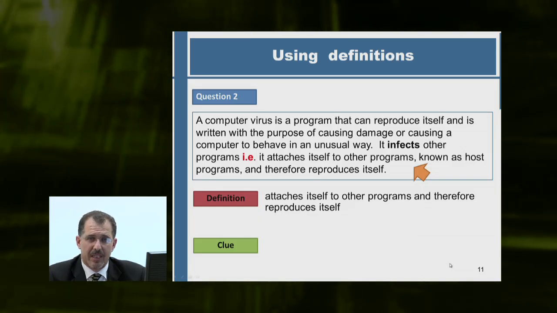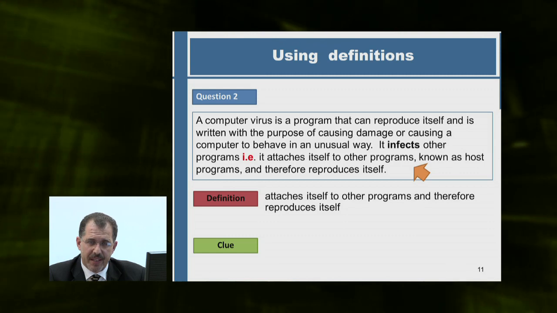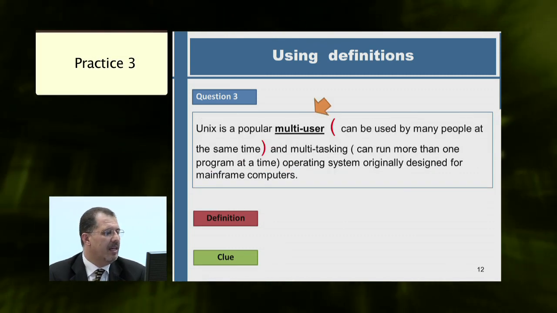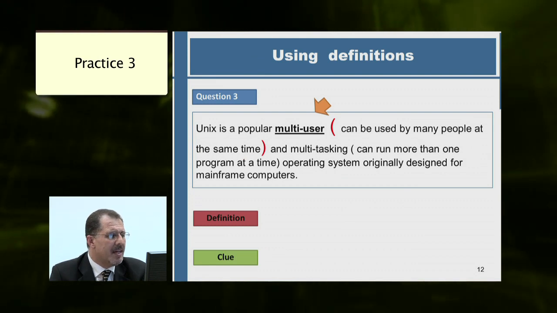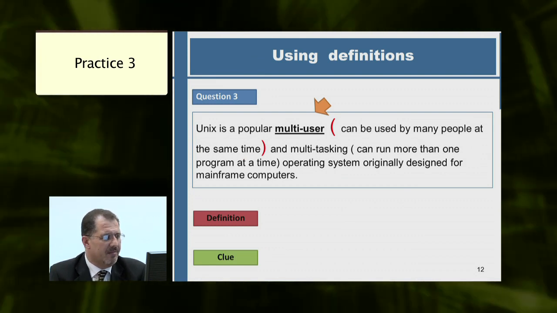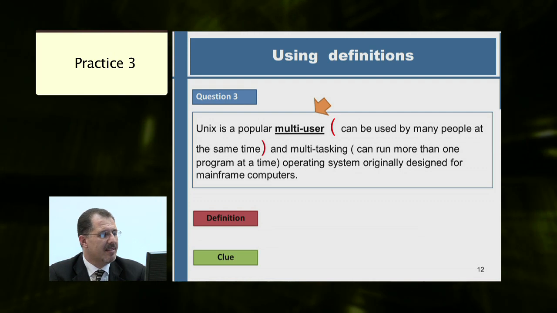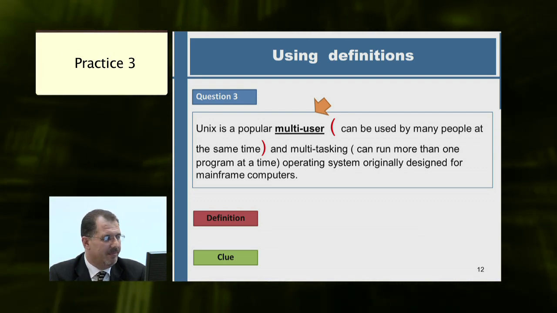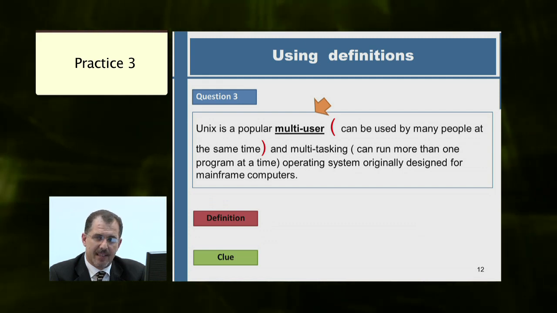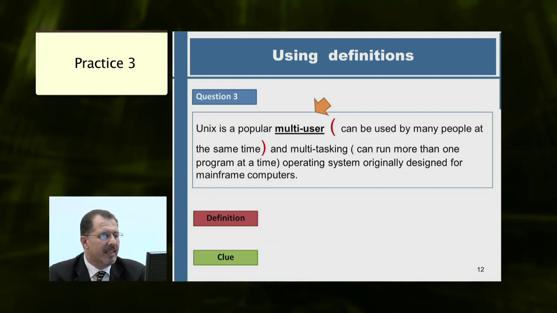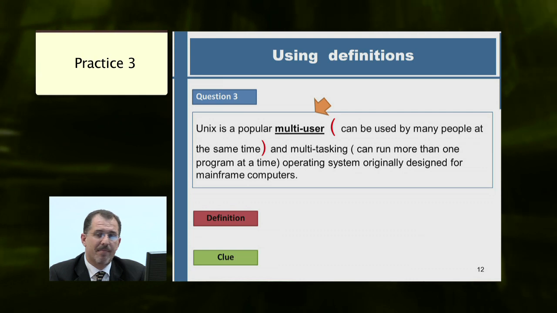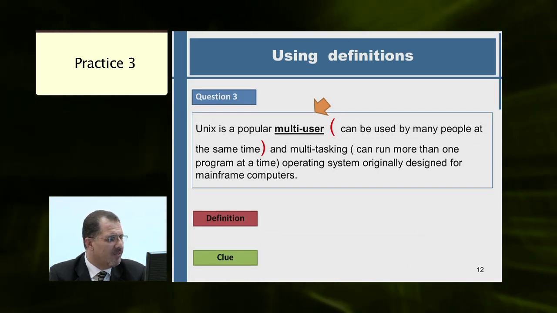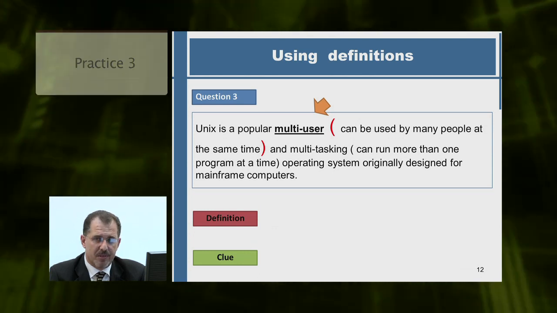Let's go to exercise or practice 3. Now, Unix is a popular multi-user (between brackets: can be used by many people at the same time) and multitasking (between brackets: can run more than one program at a time) operating system originally designed for mainframe computers.